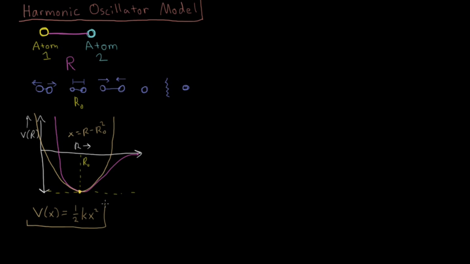And this constant k, like I mentioned, is just going to be the second derivative of this more complicated potential energy function evaluated at x equals 0, or evaluated at r equals r naught.